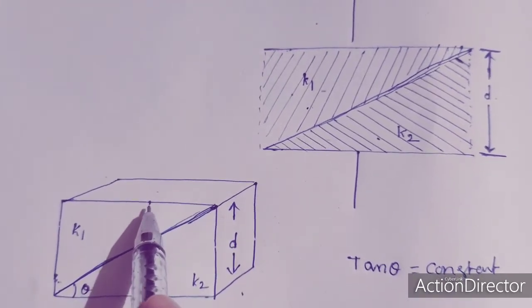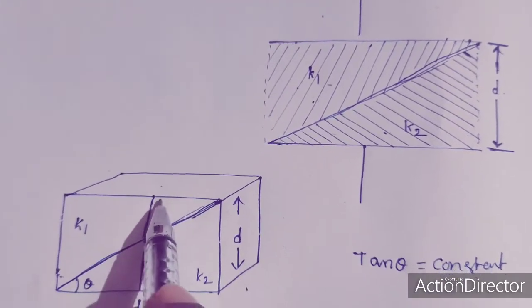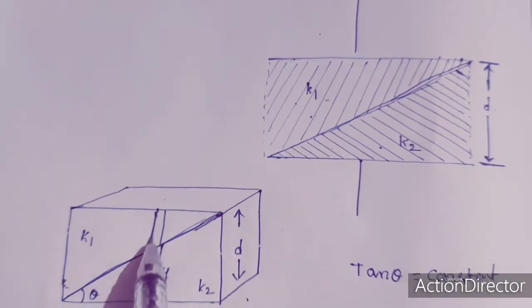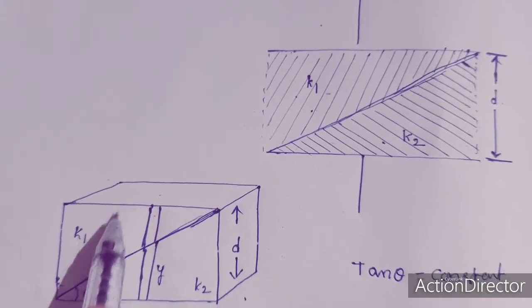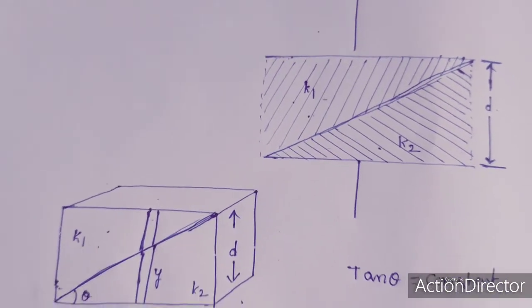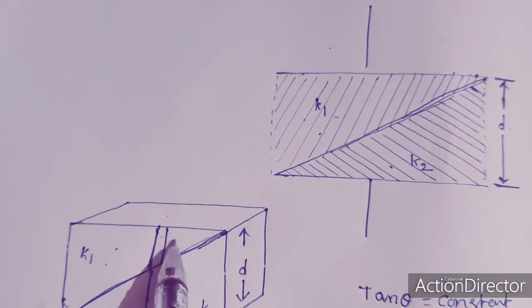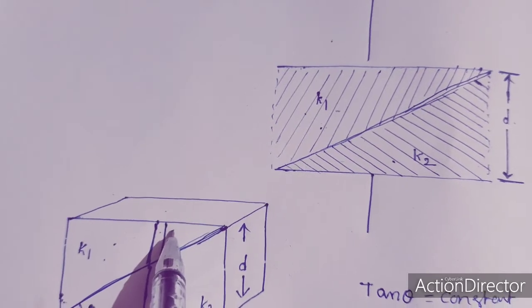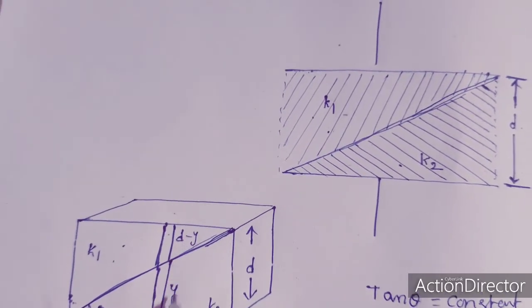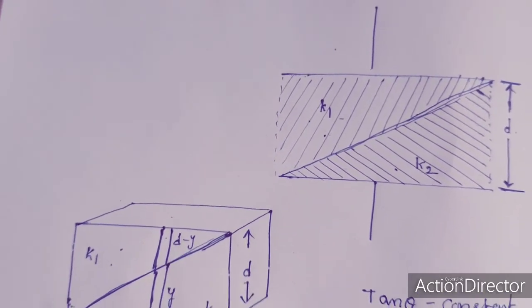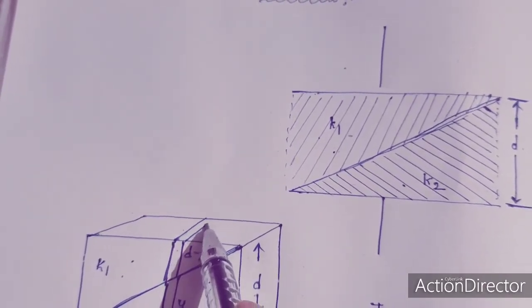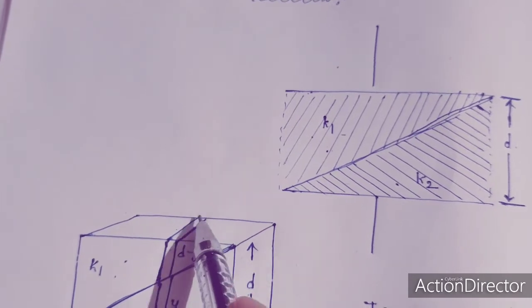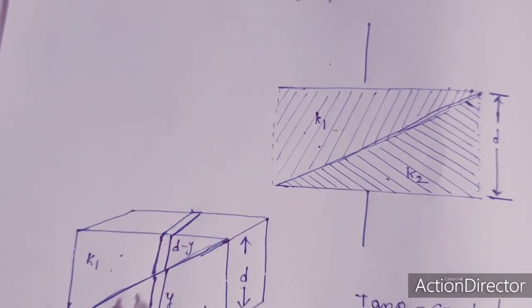Next we can identify the remaining length of the dielectric plate related to the K1 medium. Just identify its length, how much? d minus y. Now we have to find the area of this small dielectric plate.